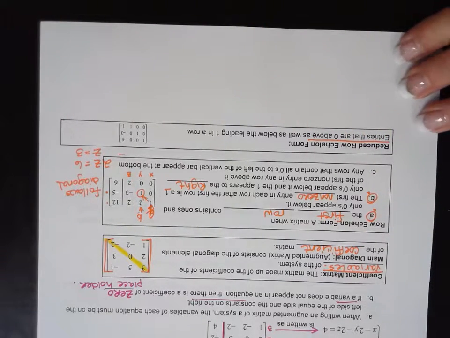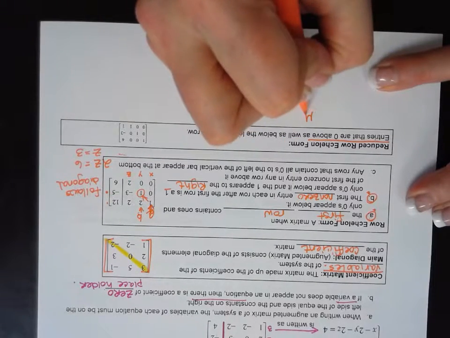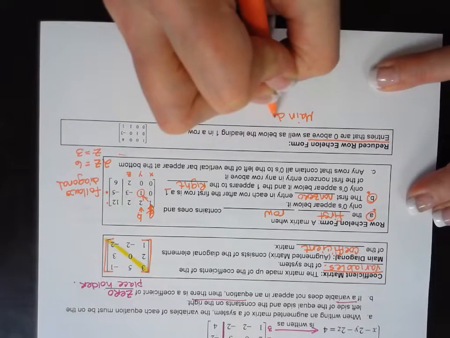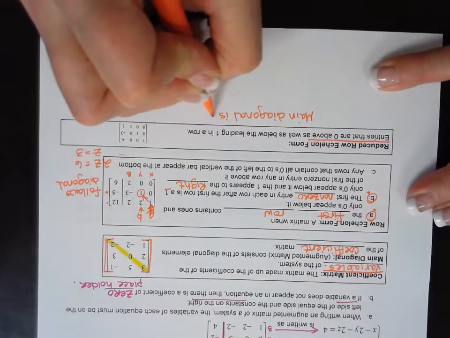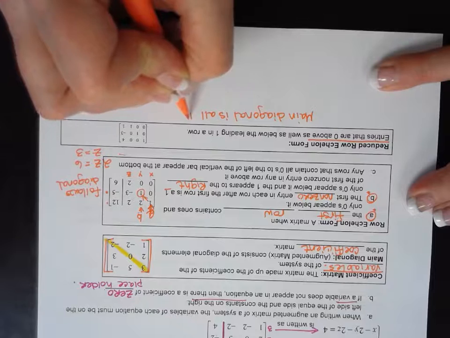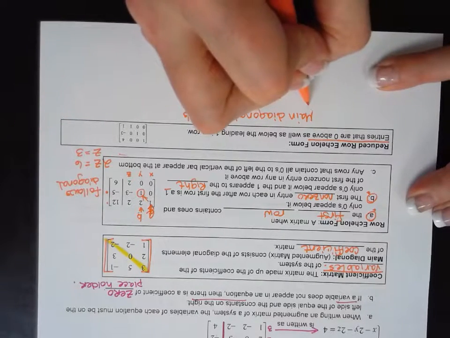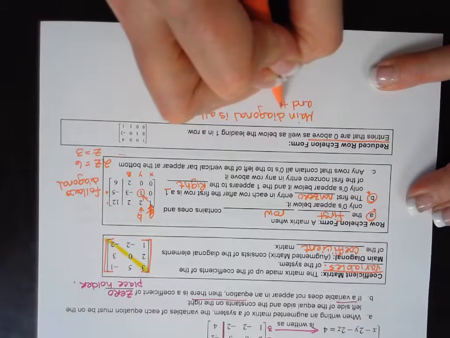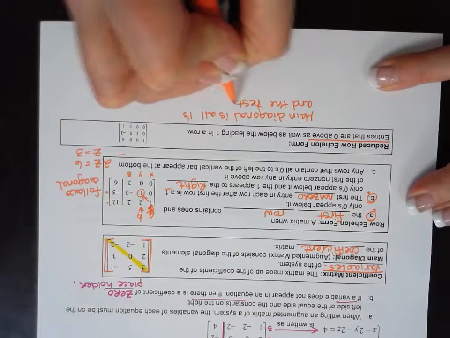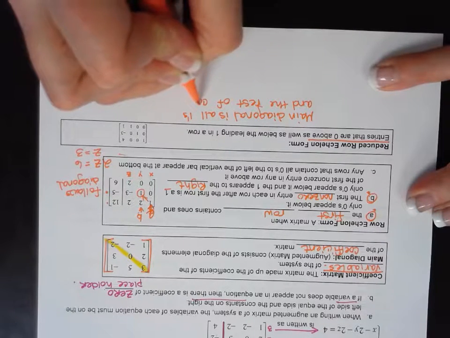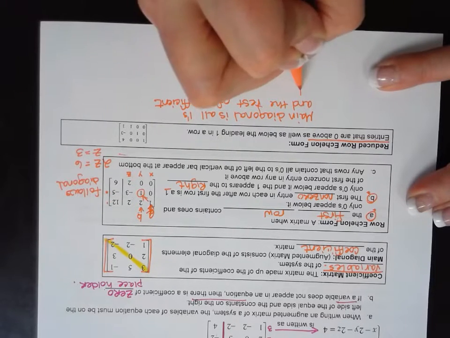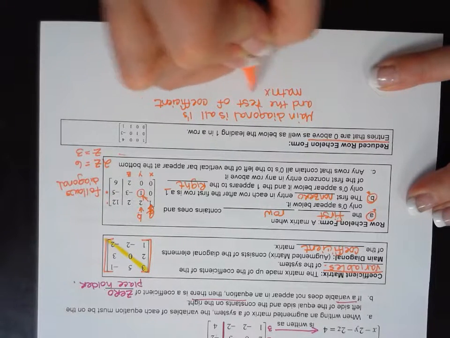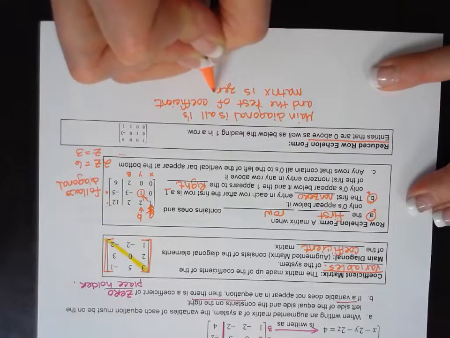Reduced row echelon form means that the main diagonal is all ones and the rest of the coefficient matrix is zeros.